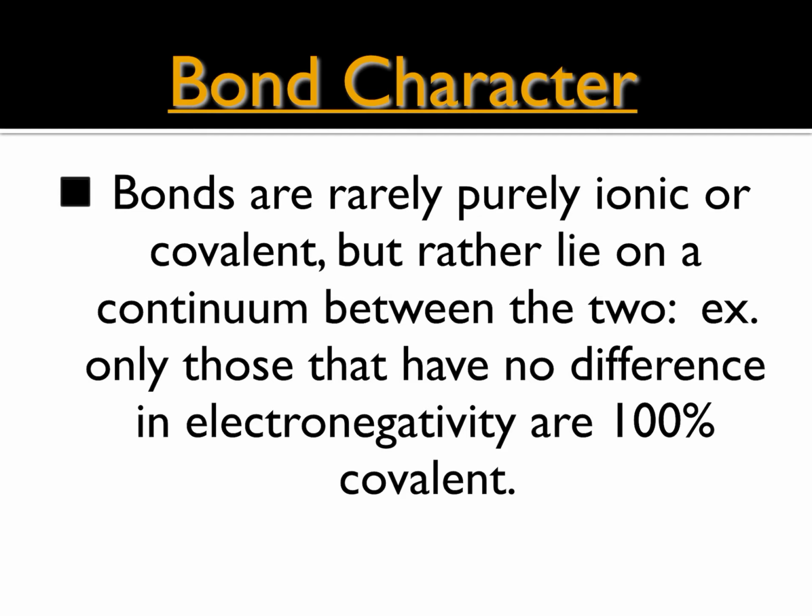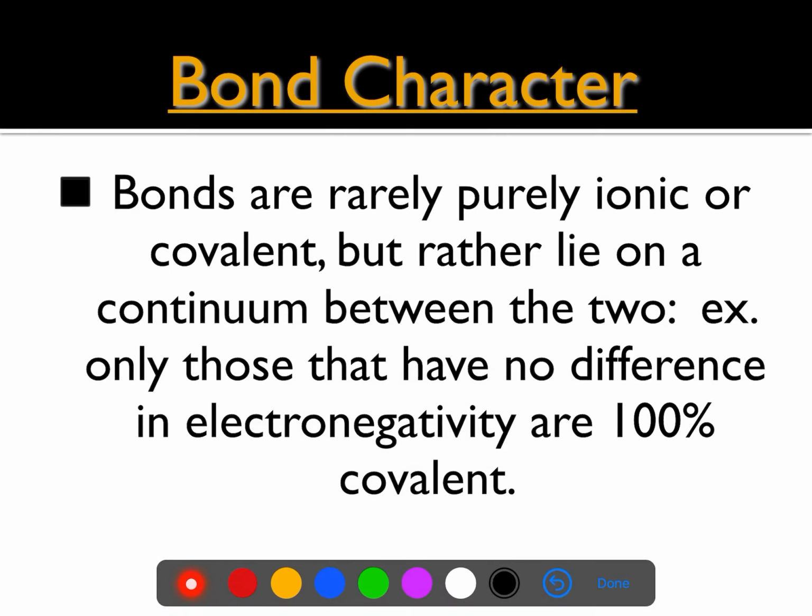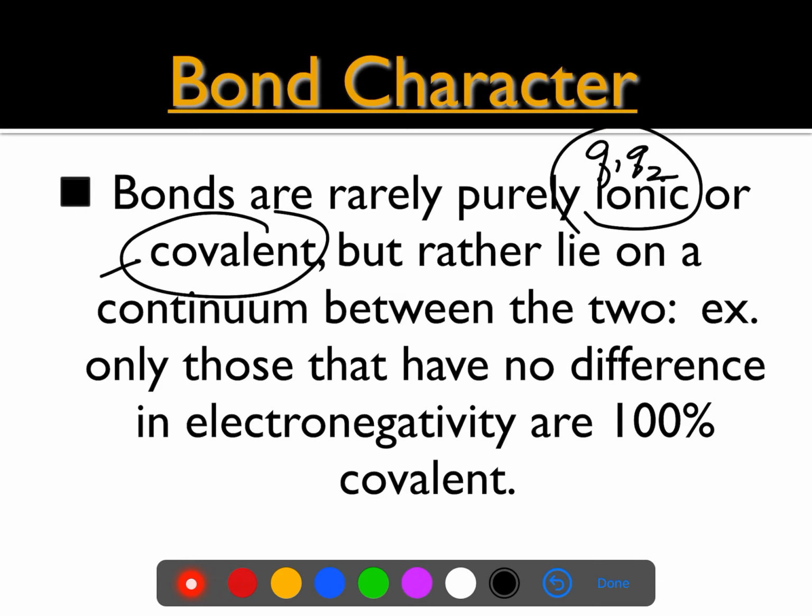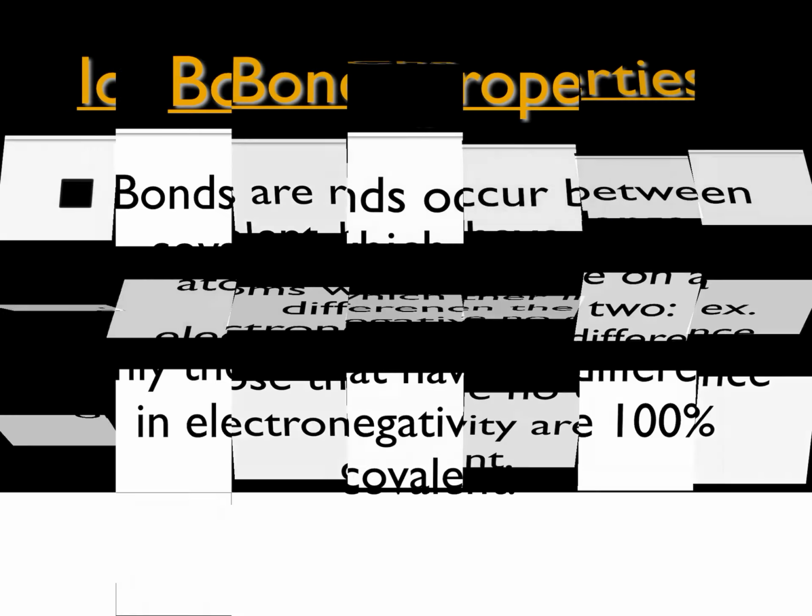Again, if we talk about bond character and we say it's more than 50% ionic, that means that Q1 and Q2 are the most important thing in terms of Coulomb's law that makes that attraction. Whereas in covalent, what we're really focusing on is the d squared part of Coulomb's law, the overlap between the atoms. So again, there really is no such thing as a pure 100% ionic or covalent bond.